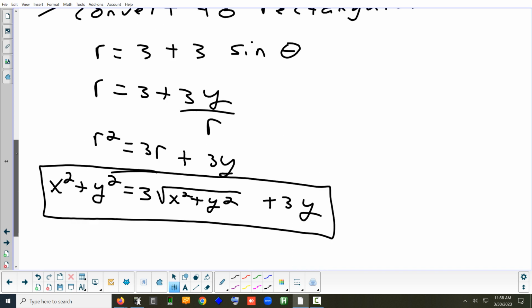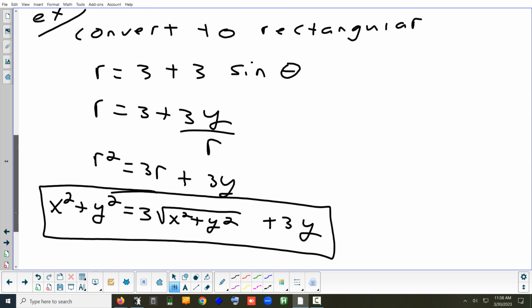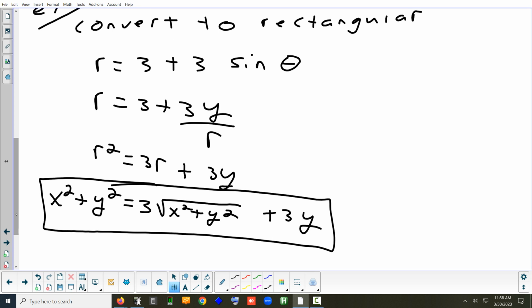So we didn't use every formula. We didn't use the cosine one because that wasn't involved this time. It could be, depending on the cardioid. And we didn't use the inverse tangent. We didn't need that. But those are the 4 formulas that you are allowed to use. Oh, so we didn't find x specifically. We just found x squared plus y squared as an expression.